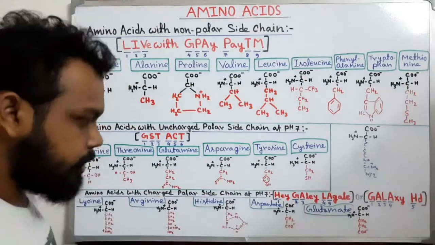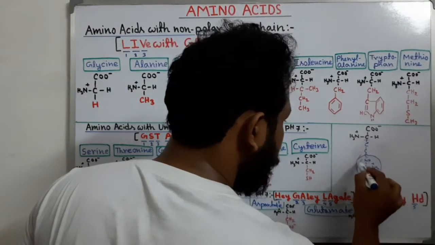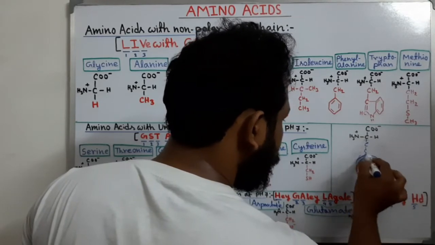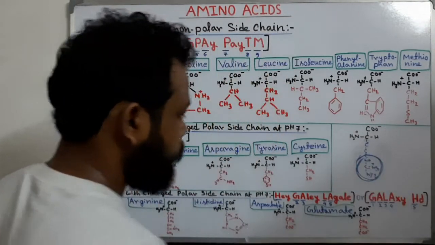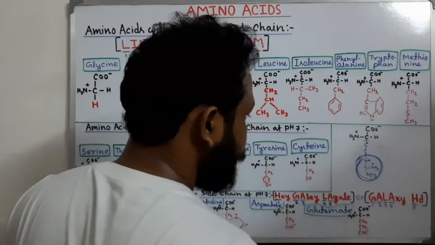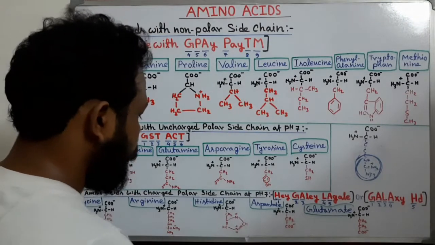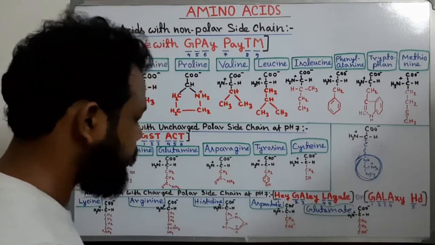So this is the structure of arginine, and we have to remember this functional group. First 3 carbons, next the functional group.